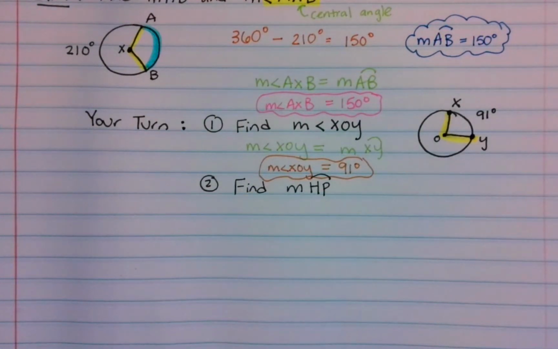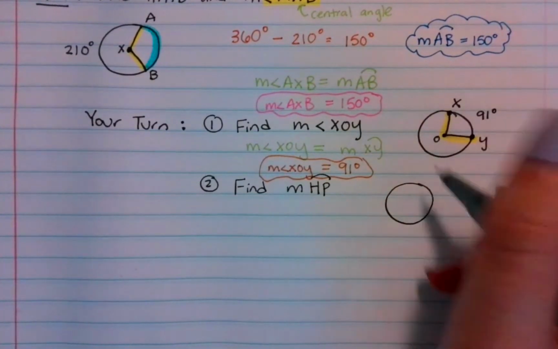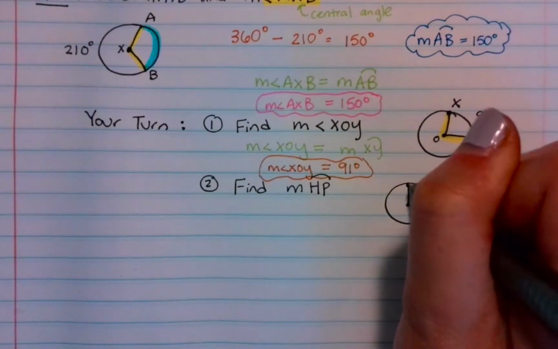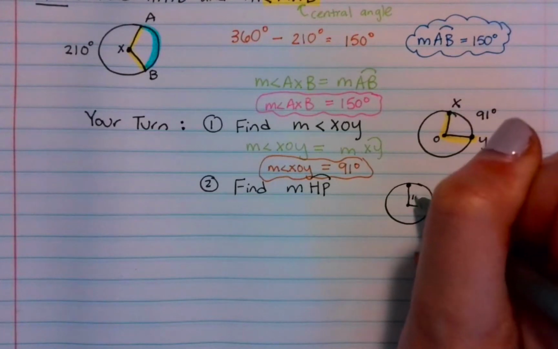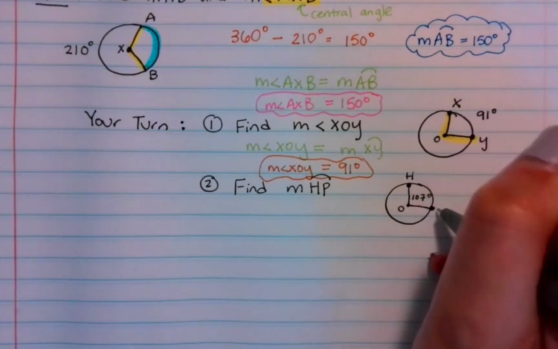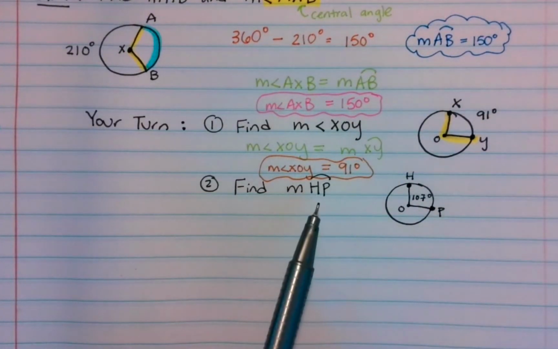Okay, for the second one, we've got a circle. We have been told that this angle is 107 degrees. This is H, this is O, and this is P. And the directions ask you to find the measure of arc HP.